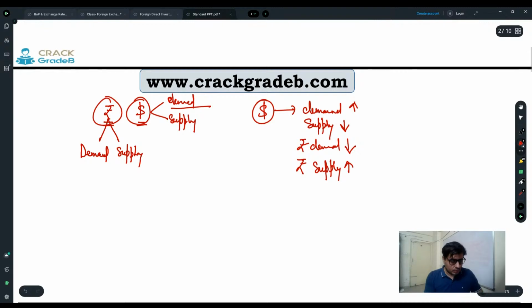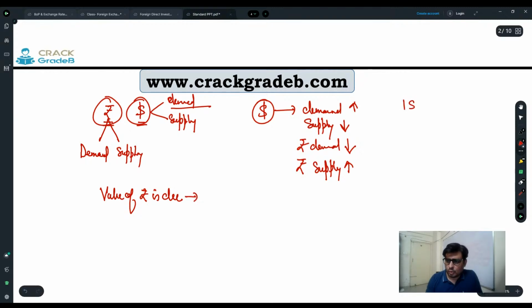One thing I want you to understand here. There is a statement: the value of the rupee is decreasing.